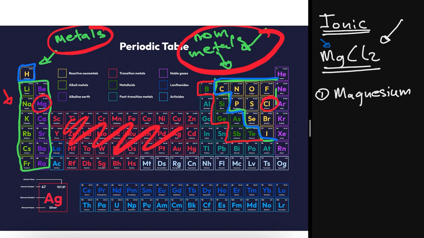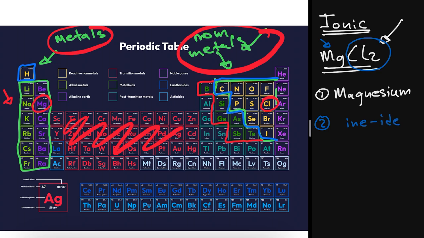The second part, which is chlorine, we are going to label it. But when we label the chlorine, which is a non-metal, we are going to change the ending. The ending of chlorine is I-N-E, but we will change it to I-D-E.